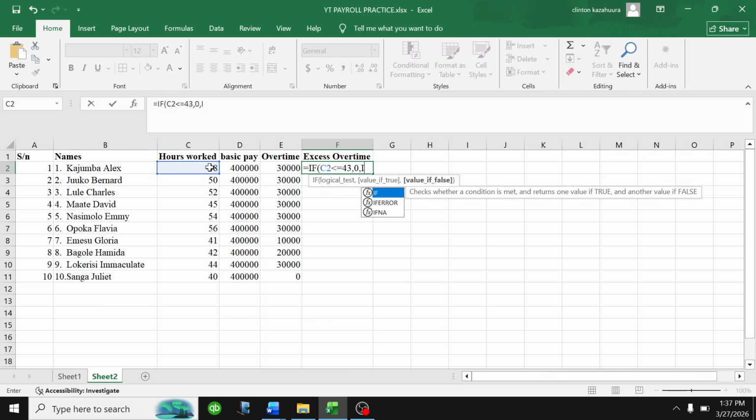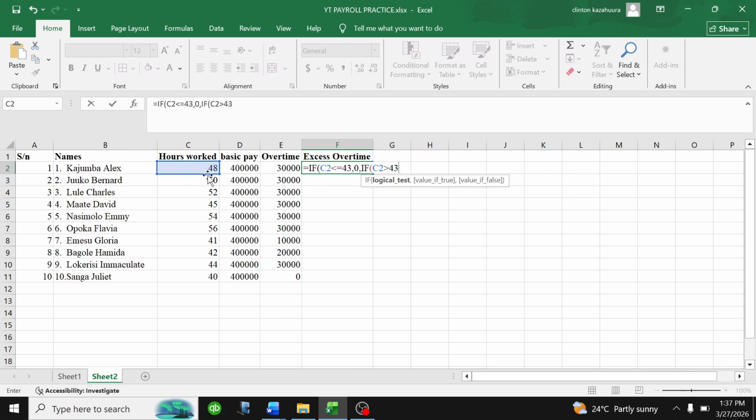Put a comma, then I say if again, open brackets, if these hours are greater than 43, then we are going to award these people how much? Their difference which they are having, the difference is of course their excess hours. So I put the difference minus 43, and I put a bracket.